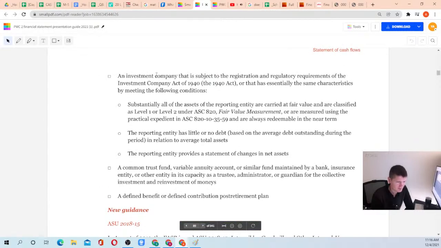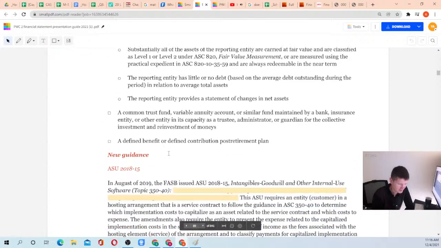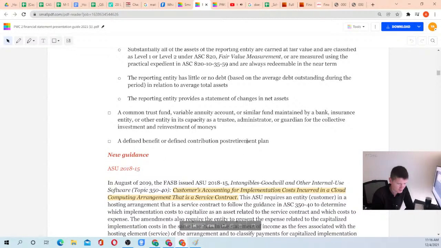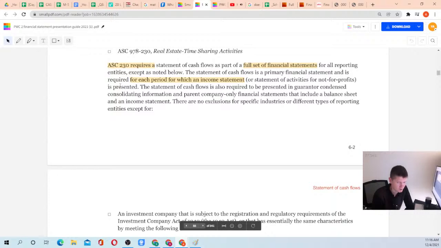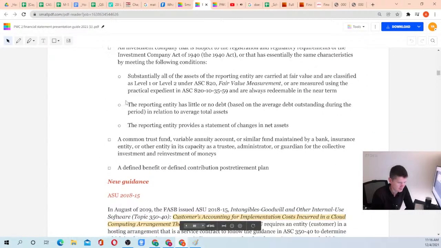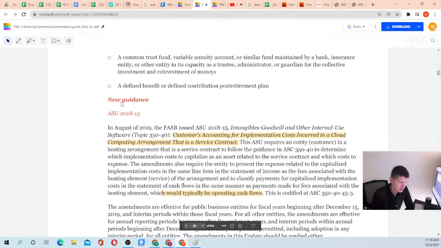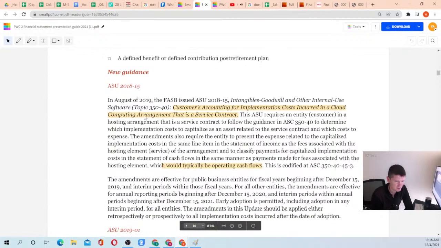So there are some exceptions for investment companies, a common trust fund, a defined benefit or contribution post-retirement plan. So these are the exceptions. We don't deal with them much. They are pretty rare. There is also some newer guidance coming up, for example, implementation costs incurred in a cloud computing arrangement that is a service contract.